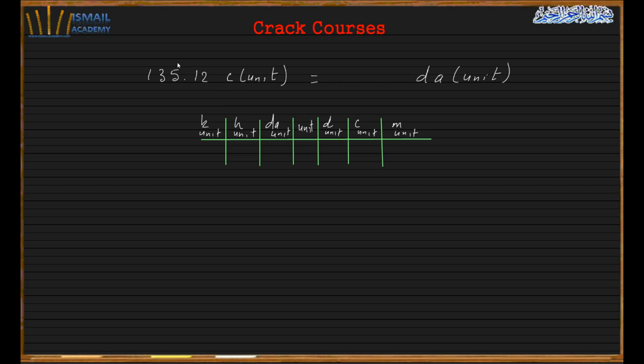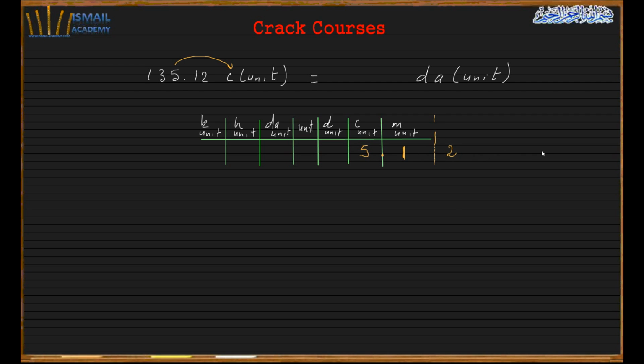So you see the ones belong to the unit. Always the ones of the given number belong to that unit. So I'm gonna put the ones here, and I put a dot, and I put 1, and I just create another line, and I put the rest of the number.